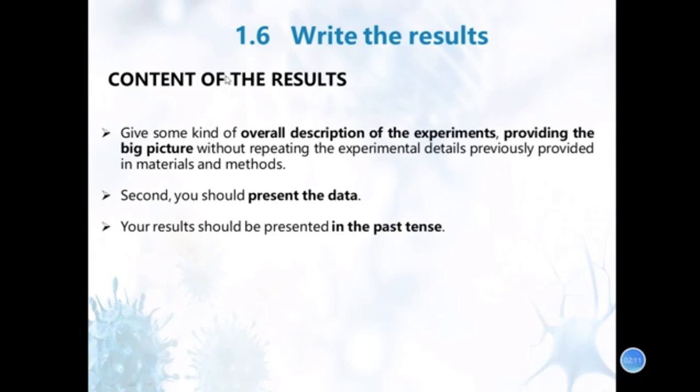In the content of the results, just give some kind of overall description of the experiments, providing the big picture without repeating the experimental details previously provided in the materials and methods. That means, if you already provided the experiment details in the materials and methods, do not present them again here.